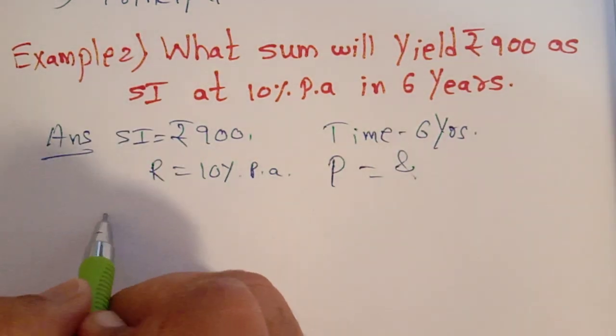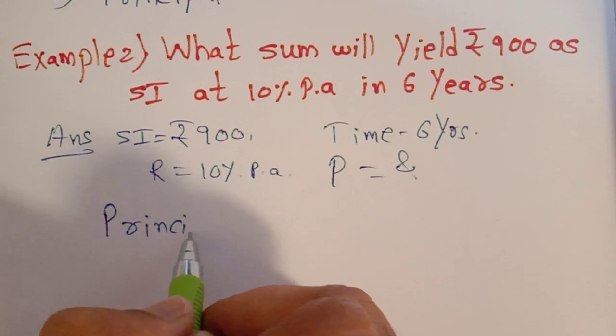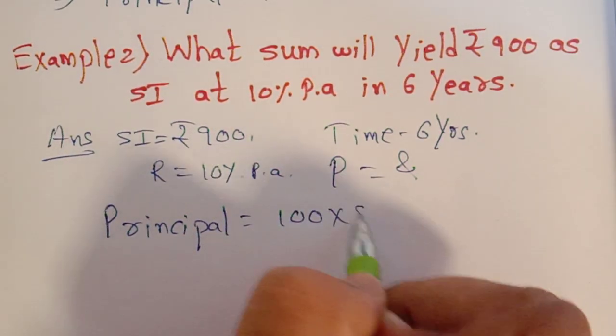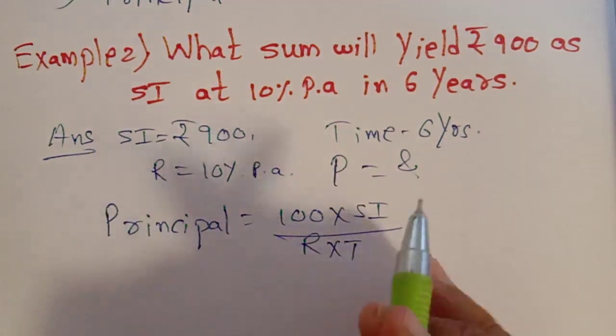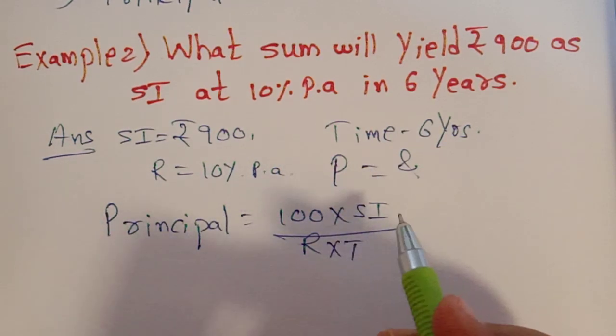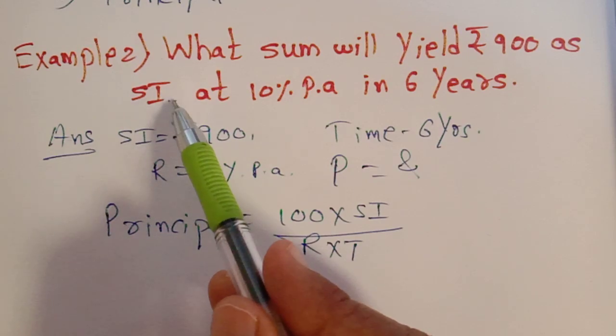Okay, to find the principal, what is the formula? It's 100 into SI by R into T. SI and I are both the same, interest and simple interest. So don't get confused if they have given it that way in the question. Sometimes they may give only I also here.